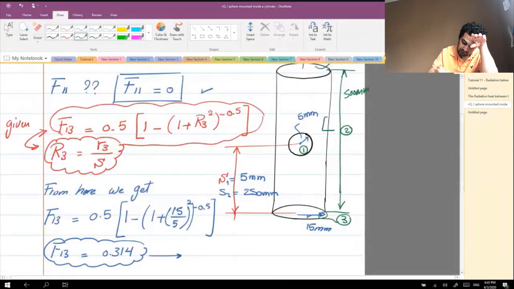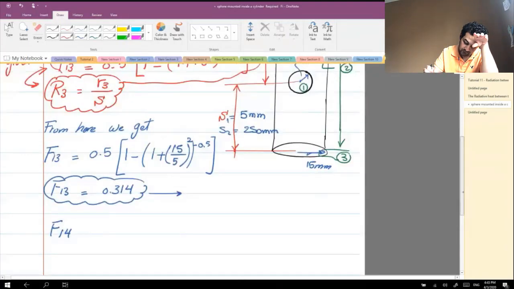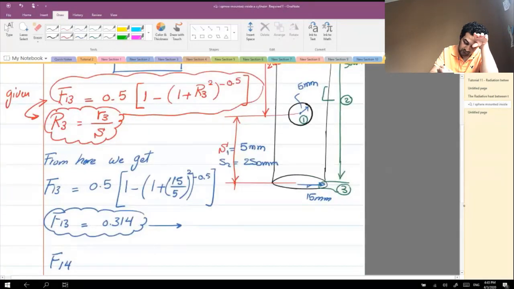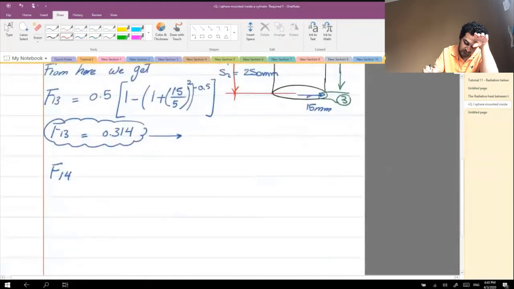So if this was 5 millimeters, the distance from here to the top surface is around 245 millimeters. What do you think about the view factor from 1 to 4, from the sphere to the top surface? Is it going to be a very large number or a very small number? This is going to be a very, very small number.